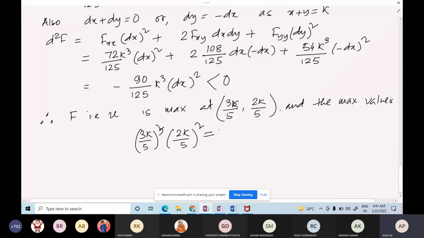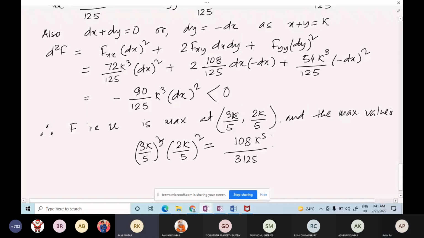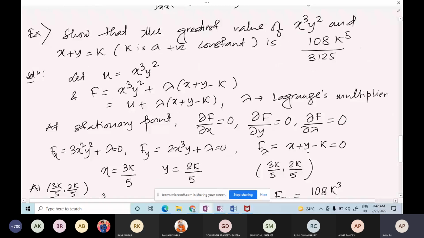If you multiply, you get 108 by 3125 k to the power 5. See what was given in the question. It matches. This is what was given to us: 108 by 3125 k to the 5.